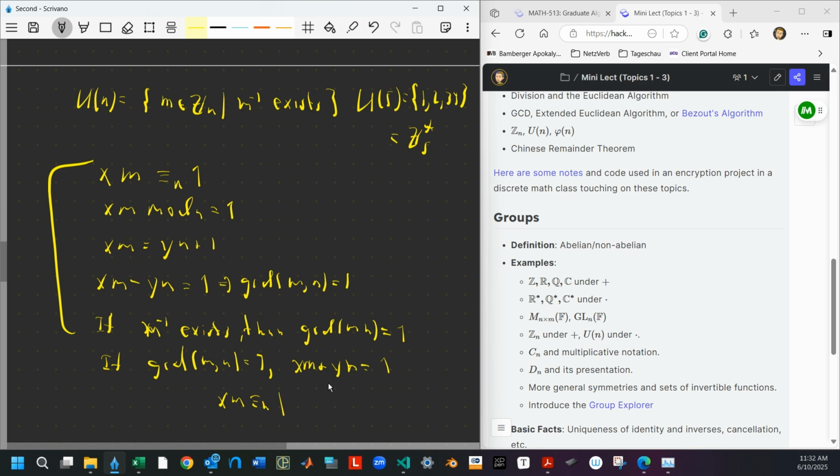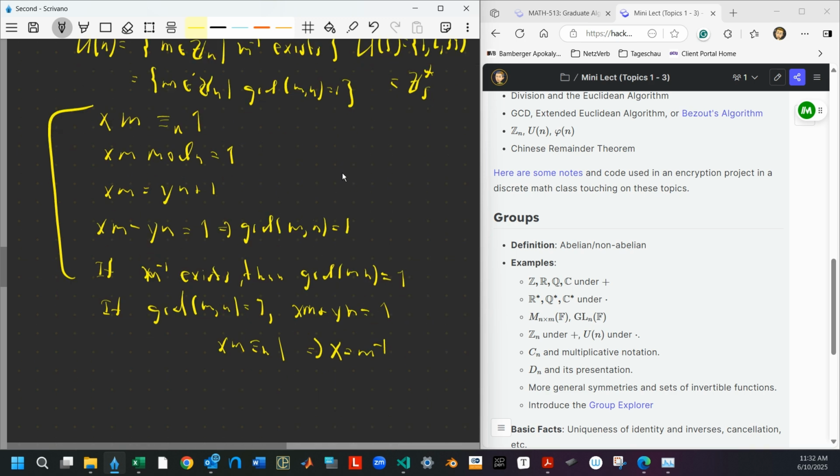Because if I mod out by n, this just becomes 0. And of course, this implies that x equals m inverse, right? So we actually get that something is an inverse if and only if m is relatively prime to n. So this is exactly the same as the set of all m in Zn such that GCD of m and n equals 1.